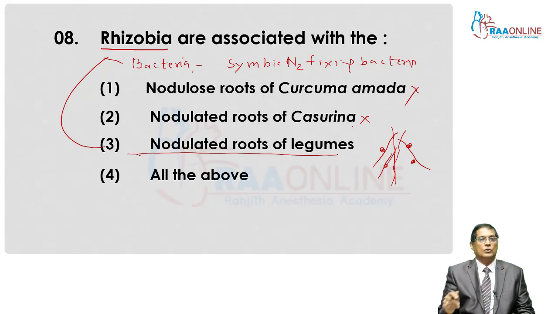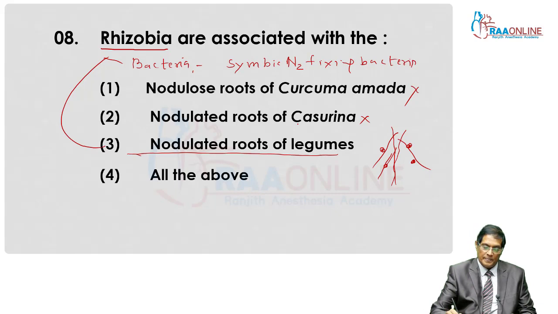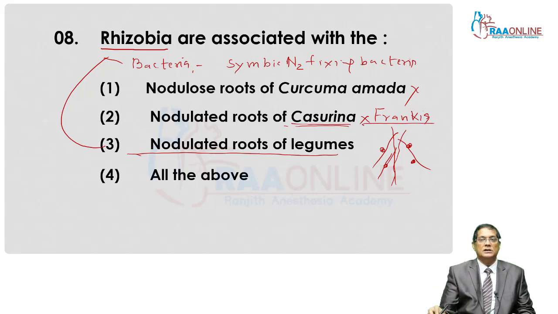In casuarina, nodules are there, but rhizobium is not present in that nodule. In casuarina root, Frankia, a bacterium, is present within the nodule. Rhizobium is found in nodules of legume only.